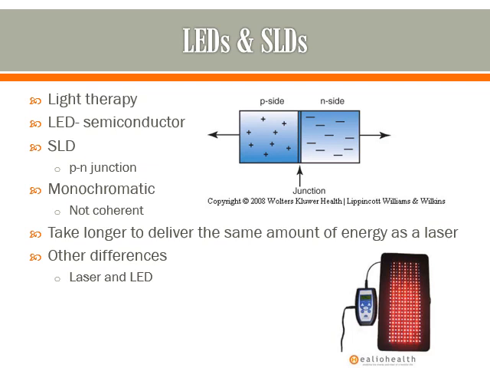Again, other differences, they tend not to penetrate as deep. With the laser, the emission from the diode is processed to stimulate additional photons as well. We don't really know if coherence is necessarily effective for clinical effectiveness. So, in other words, say you have something like this down here, an example of a light therapy pad.